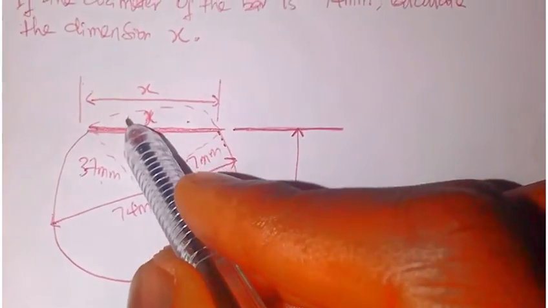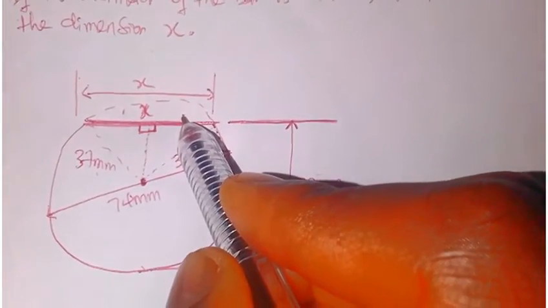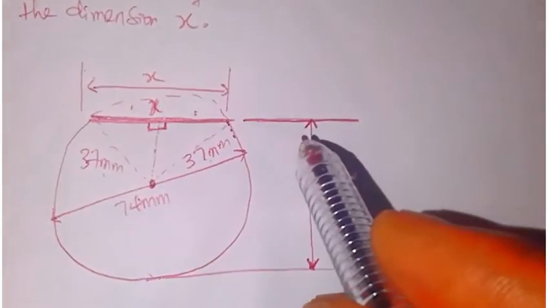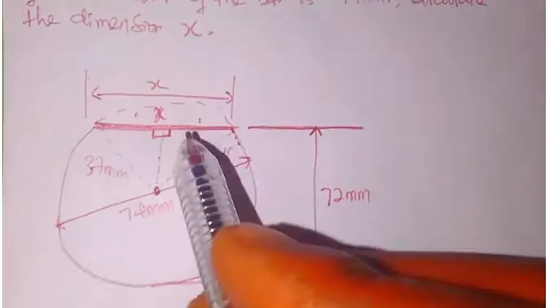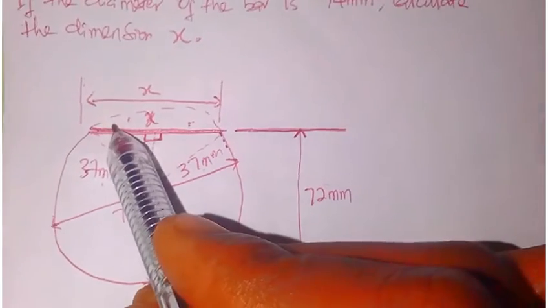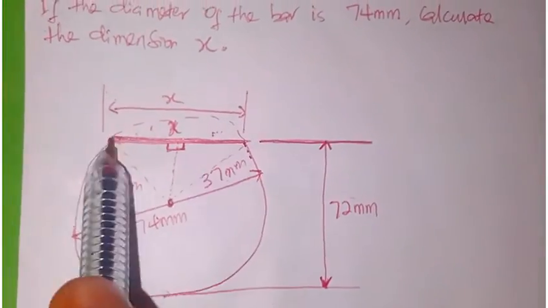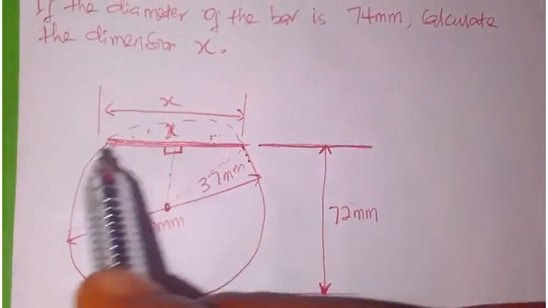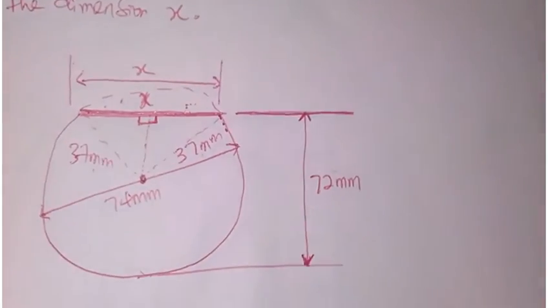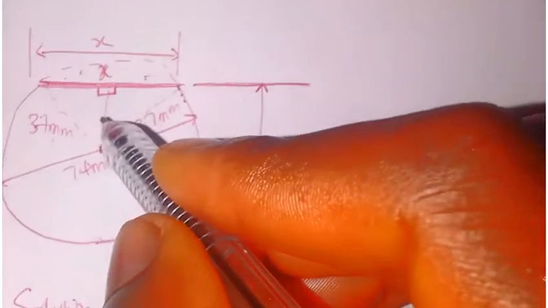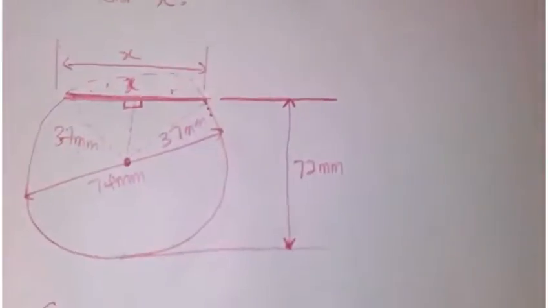Then whenever I get either one, I multiply by 2 to get the whole length, just like a plus a equals 2a. So how will I get this height, this small one?